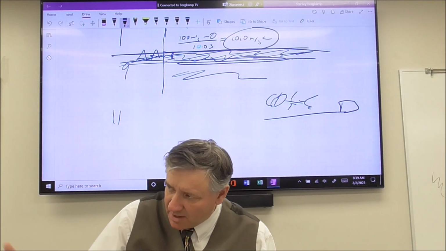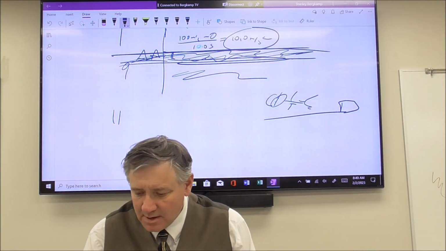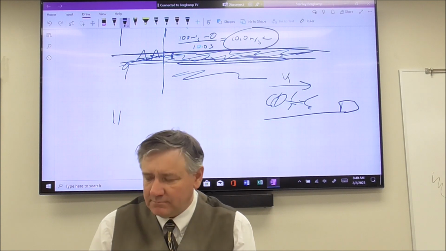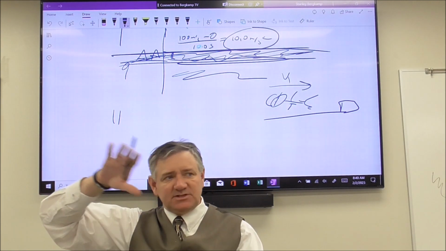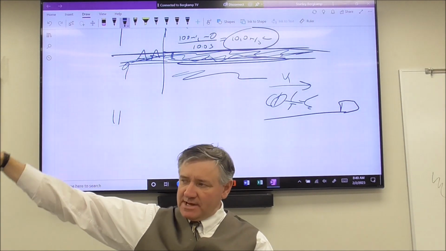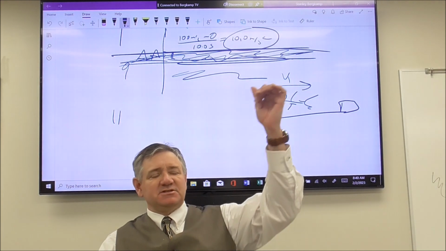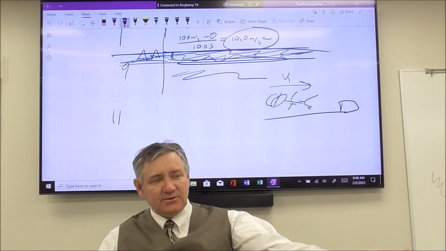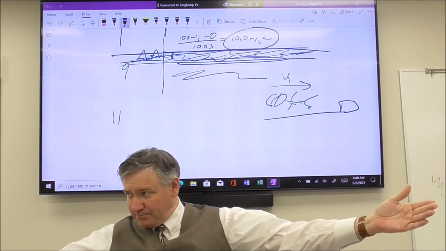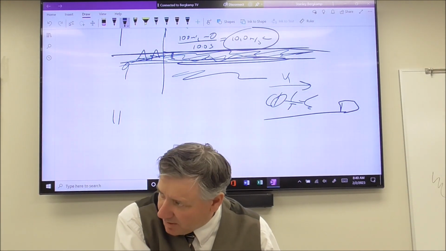So when I say draw velocity vectors, here's all you have to do. Say, here's V1. Just draw a velocity vector. She's going in this direction. Now, one of two things is going to happen when you draw your second velocity vector. Either she's going faster, and you draw the second velocity vector bigger, or she's going slower, and you draw it smaller.